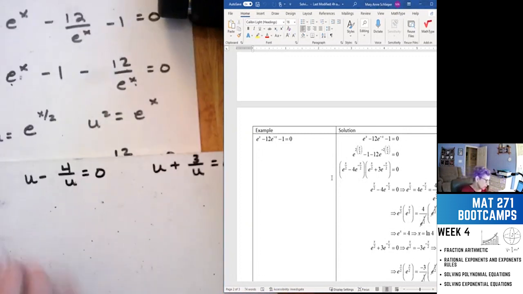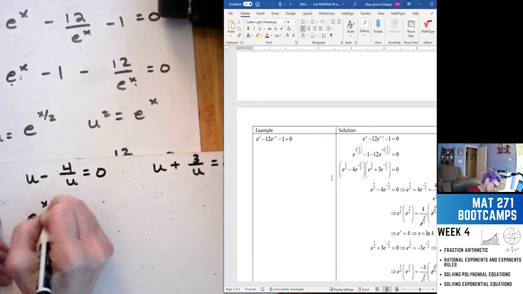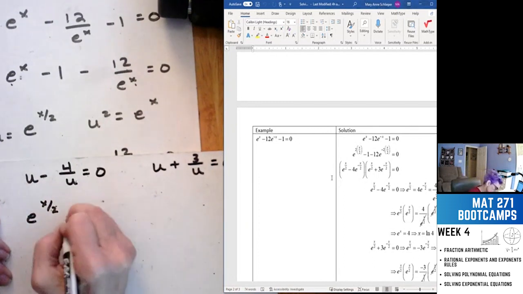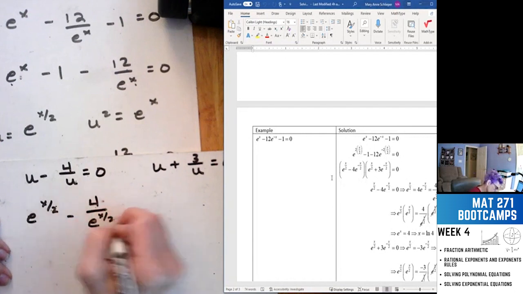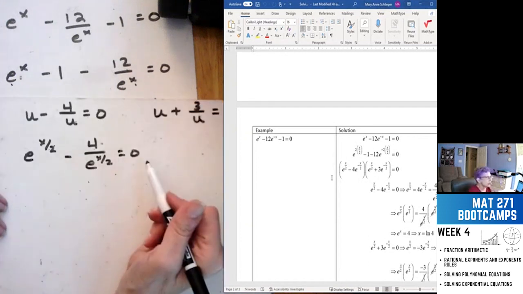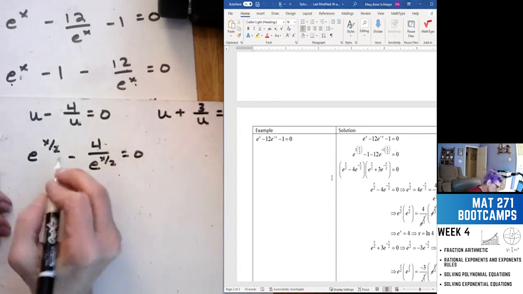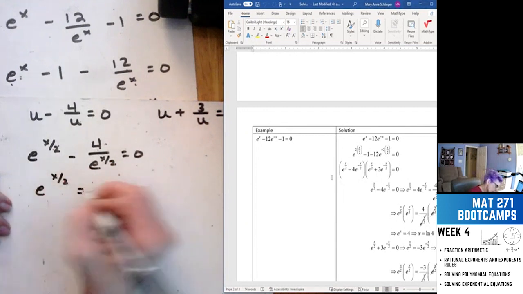And now I'll replace u with e to the x over 2. And I'm going to get things on opposite sides of the equal mark because I'm a big fan of cross multiplying.